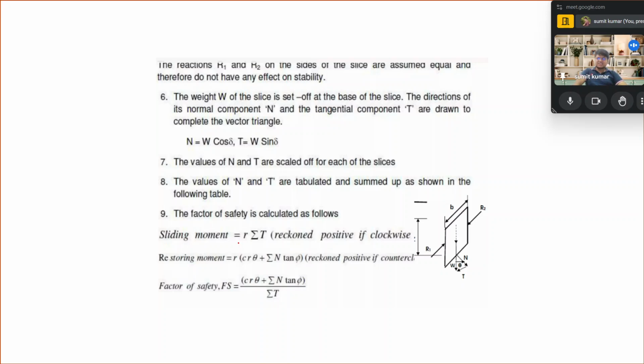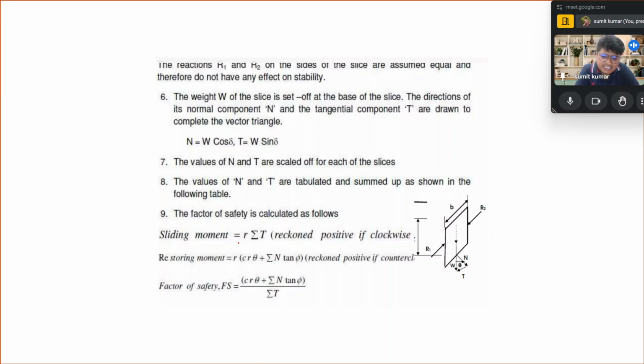The factor of safety is calculated as follows. First of all, we calculate the sliding moment, then we calculate the resisting moment. The sliding moment is calculated as R into summation of T, reckoned positive if clockwise, and then the restoring moment is R into C R theta plus summation of N tan phi, positive if counterclockwise.